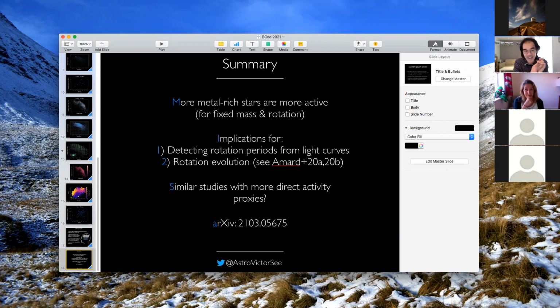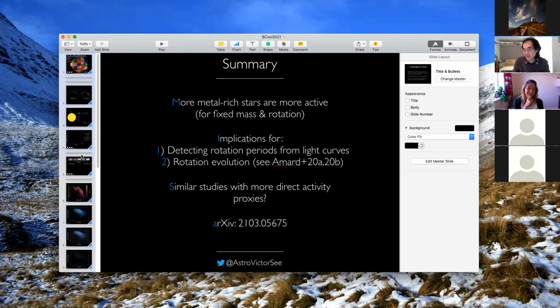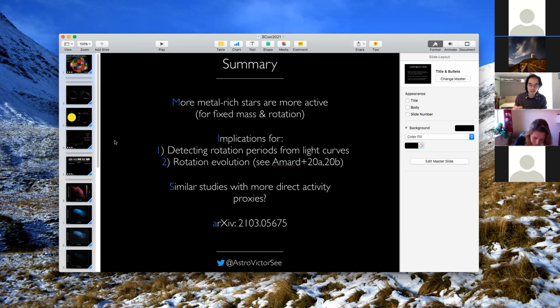So I'm going to hold up my hands here and admit that I often find it very hard to focus on the talk before my talk. What I will say is that the work that I've presented here is focusing more on the large scale structure, the global convection zone.